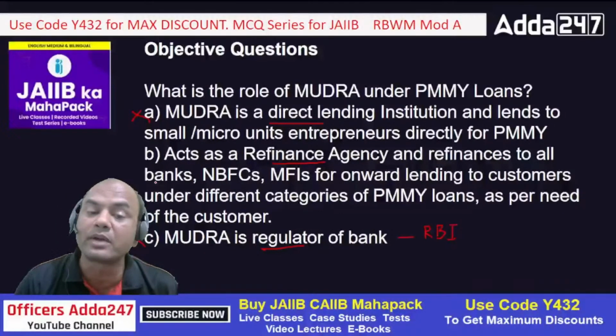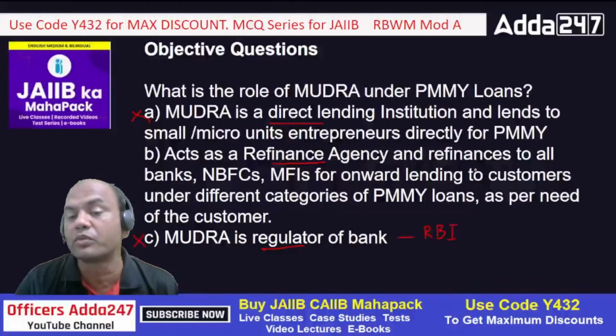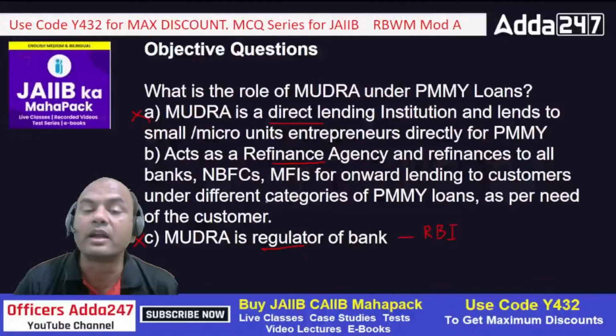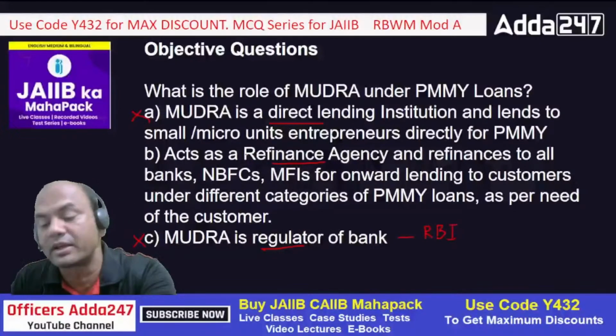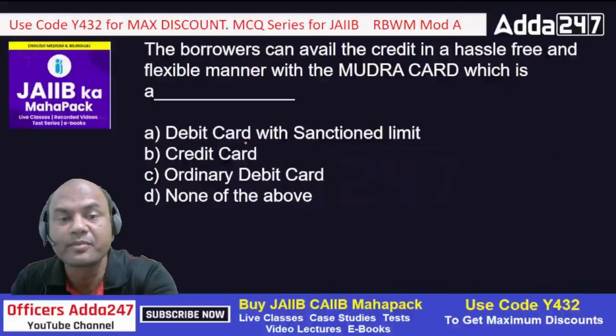This is an important part. Remember, even NBFCs and MFIs are allowed to give Mudra loans, for onward lending to customers under different categories of PMMY. If any bank or financial institution gives the loan, Mudra will refinance it to that bank.